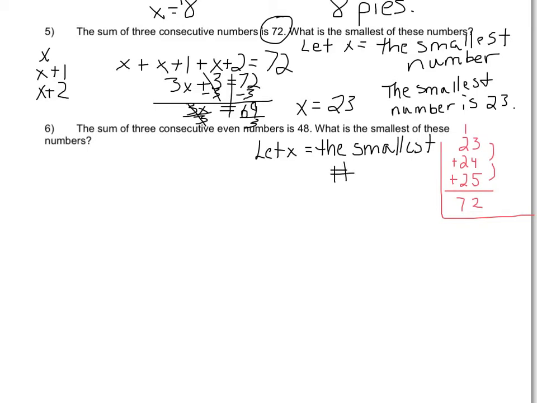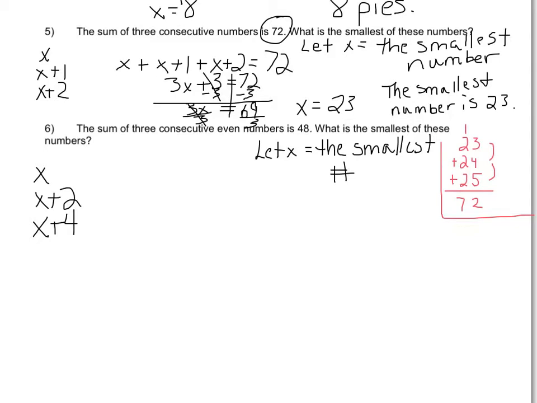Okay? Now, when it says consecutive even numbers or consecutive odd numbers, we always have x plus 2, x plus 4. Those will give us our 3 consecutive odd numbers or 3 consecutive even numbers. Doesn't matter. When we find the x, it'll either be odd or even, and we can go from there.